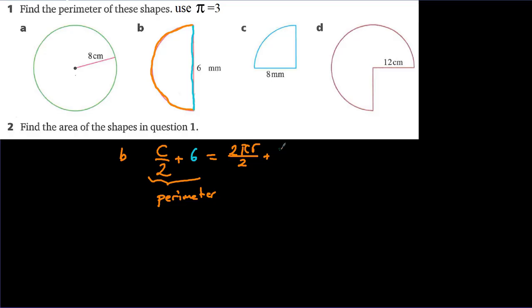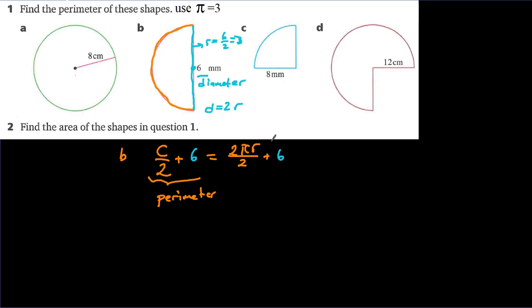Here I forgot to tell you that 6 is the length of the diameter, we know this is the diameter. The diameter is double the radius, which means D is equal to 2r. You know this one from before. So r is equal to 6 over 2, which is equal to 3. We need to know that also.